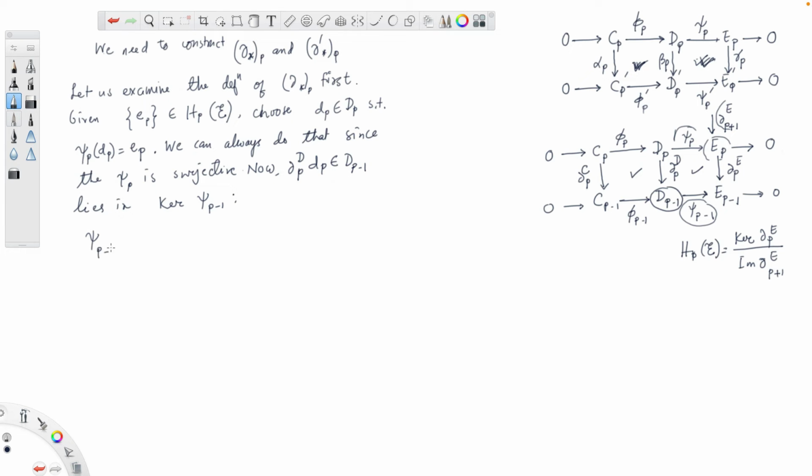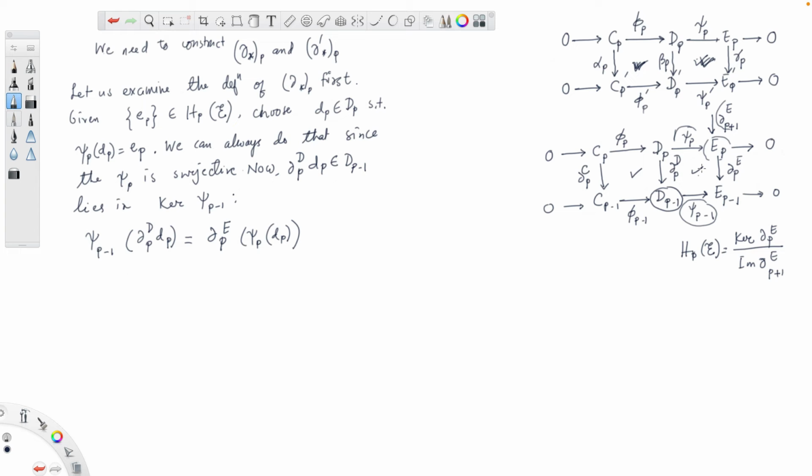We have del_p^D(d_p) acted upon by this map psi_{p-1}, and from the commutativity of this diagram we see that this is equal to del_p^E(psi_p(d_p)). Which means that psi_{p-1} composed with del_p^D is the same as del_p^E composed with psi_p.